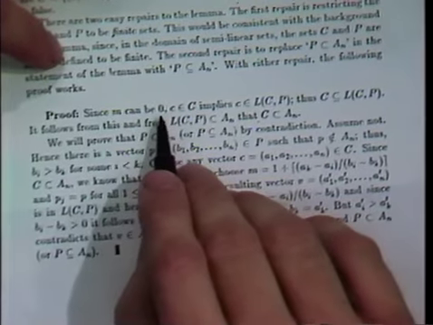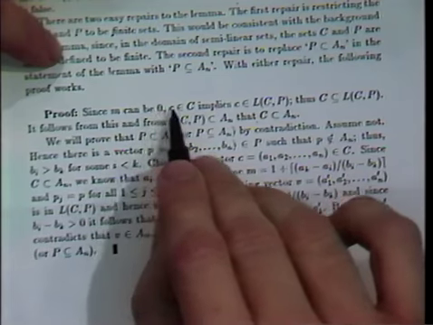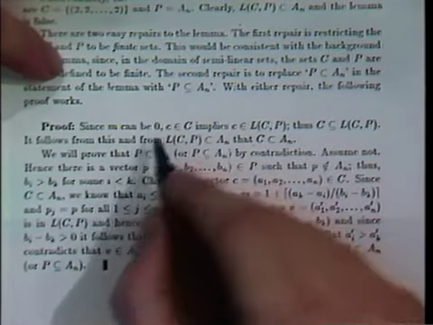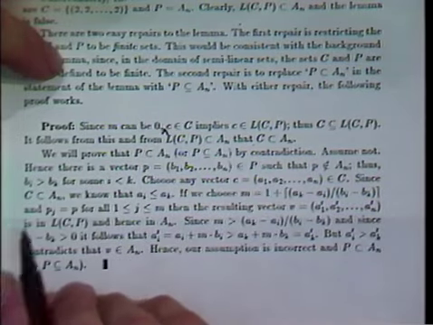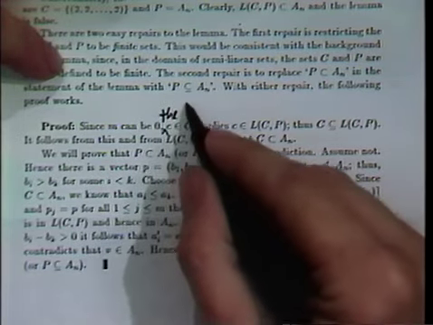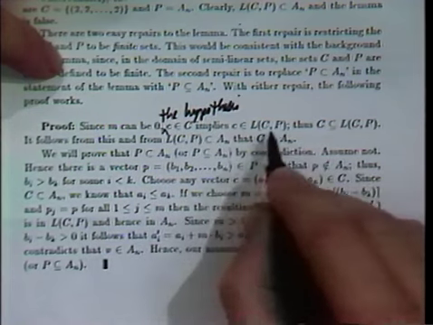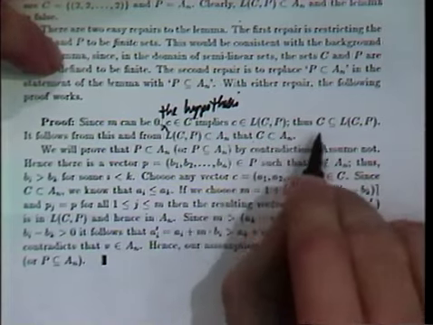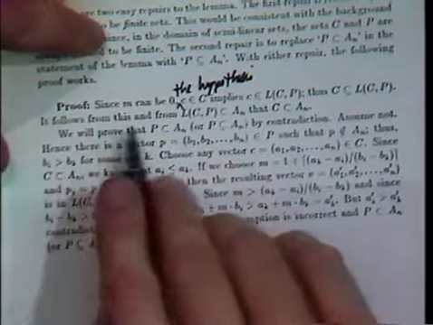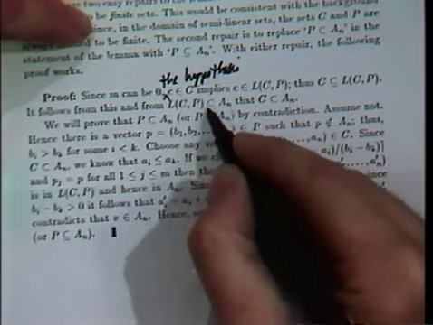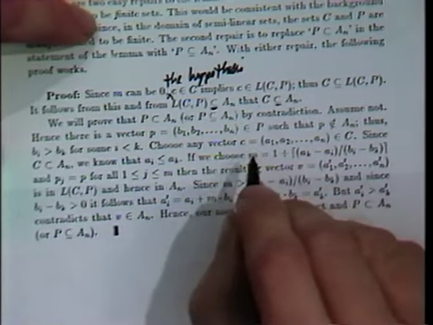Since M can be 0, C and C imply C. We've got to put something between these two things here, right? So the hypothesis C in C implies C in L of C and P. Thus, C is a subset of L of C and P. That's okay. It follows from this and from this that C is contained in A sub n.